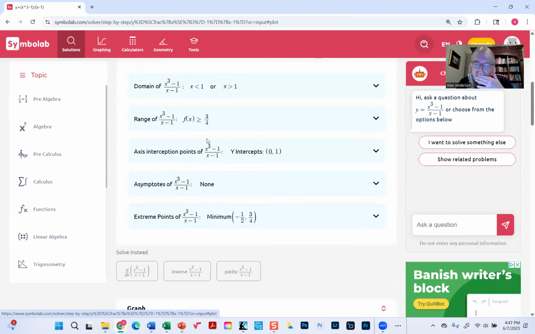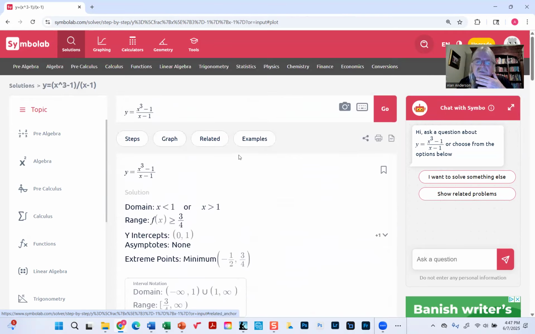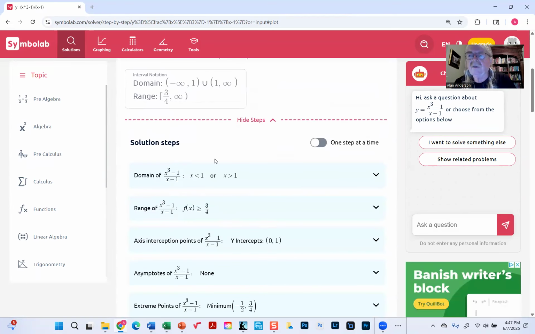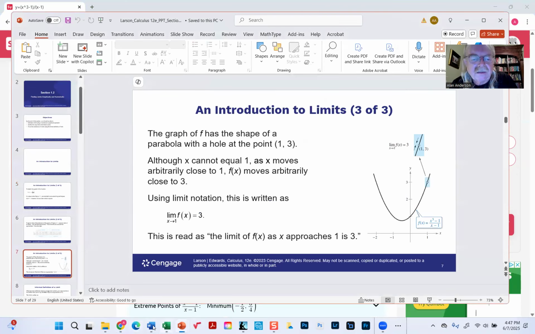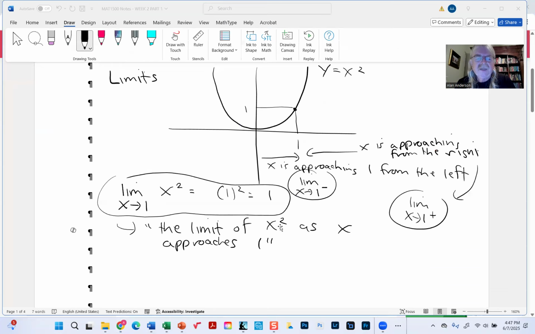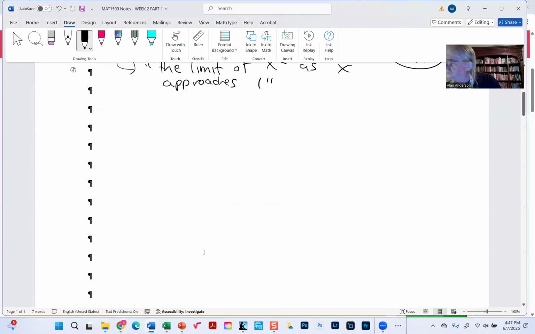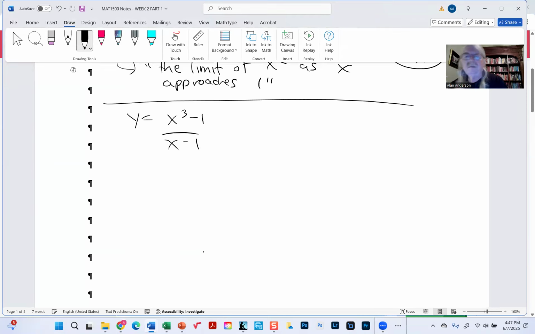Now, I do want to point out, though, that if you do long division in this case, let's go back and get some practice with long division. We haven't done that since pre-calc. Try to divide x minus 1 into x cubed minus 1.